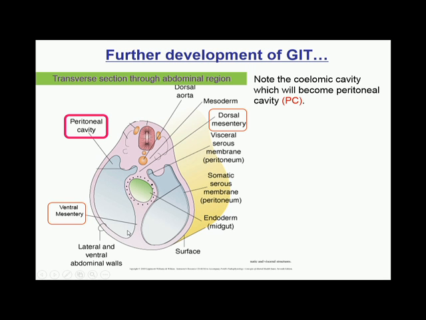Now because of this, if you imagine the abdominal cavity, you can see the dorsal and ventral mesenteries divide the abdominal cavity into a left half and a right half. So the peritoneal cavity is now split into two halves, left and right, by the dorsal and ventral mesentery.